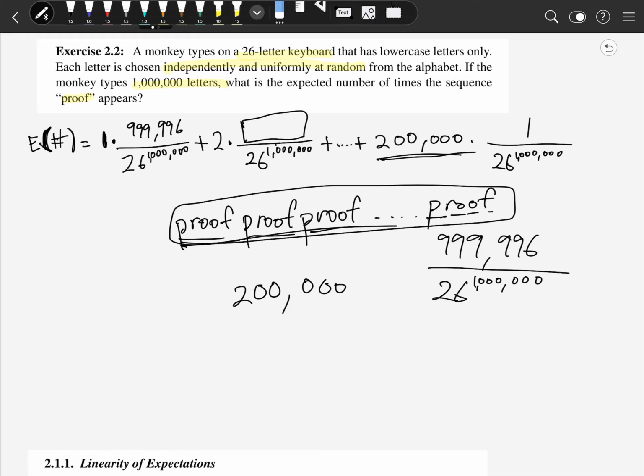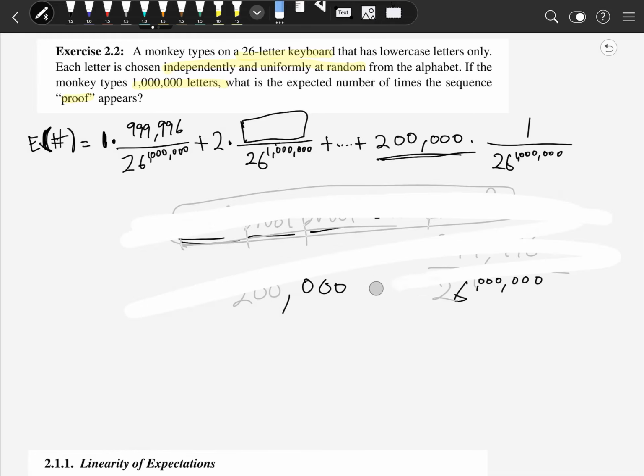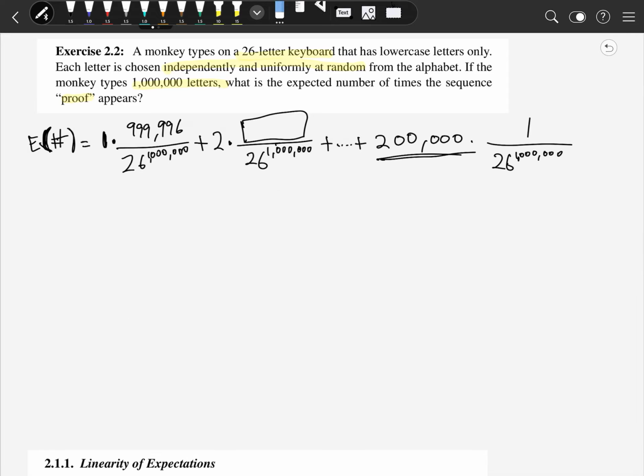That's why. And there's only one case, right, when there are 200,000 times of the sequence "proof", because the only case is when the combination is packed full of this from the start to end.